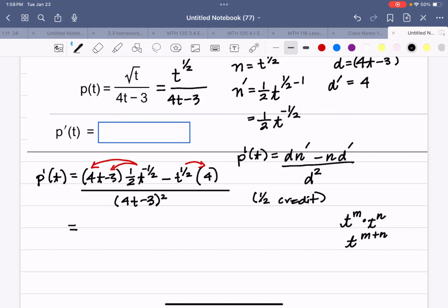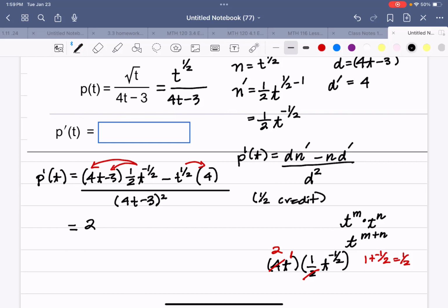So I've got 4 times a half, that's a 2. Let me write down what I'm doing here. I'm doing the 4t times the 1/2 t to the negative 1/2, right? So the first thing is this 2 goes in this 4 and leaves a 2. And now I have to add the 1 plus the negative 1/2. Well, that's 1/2.